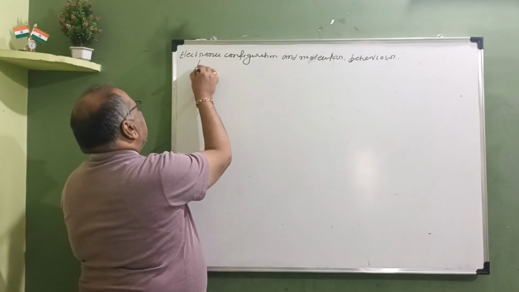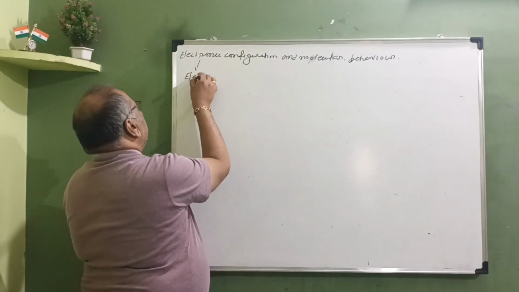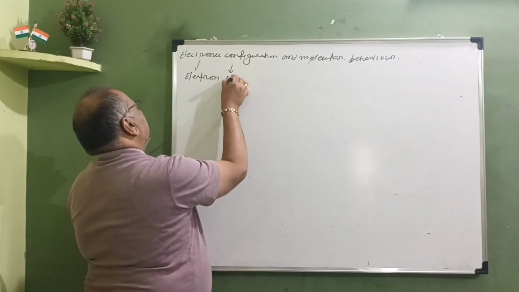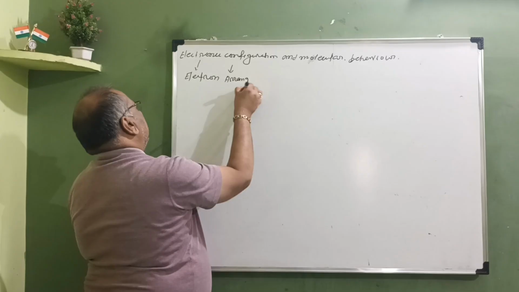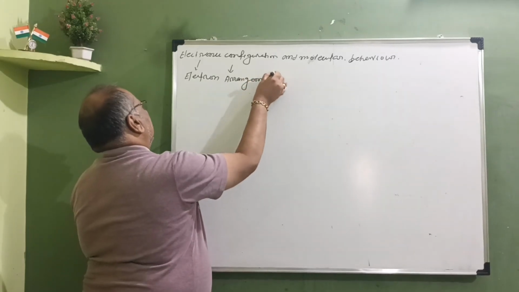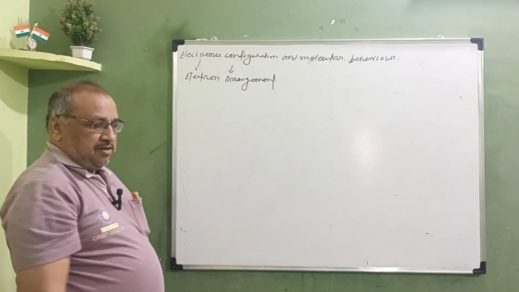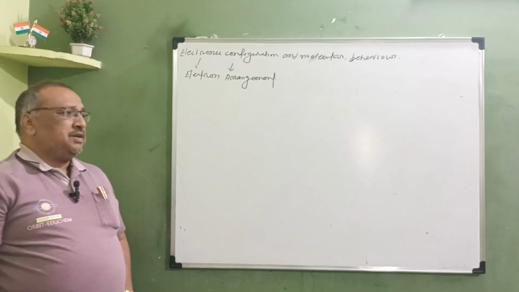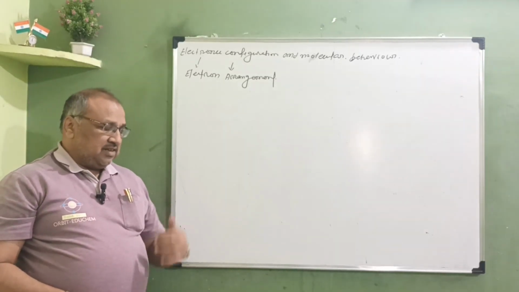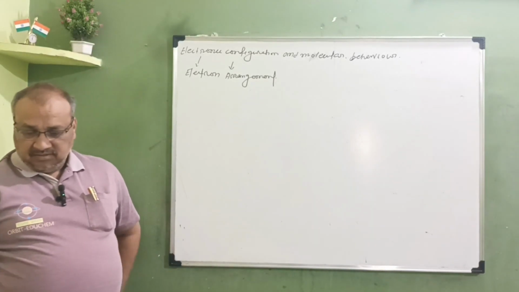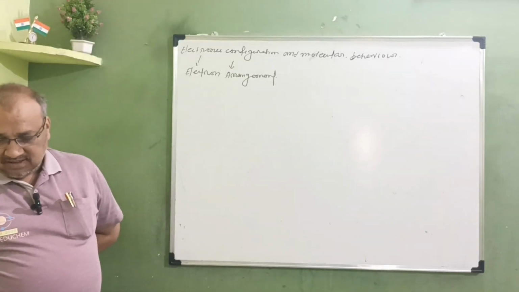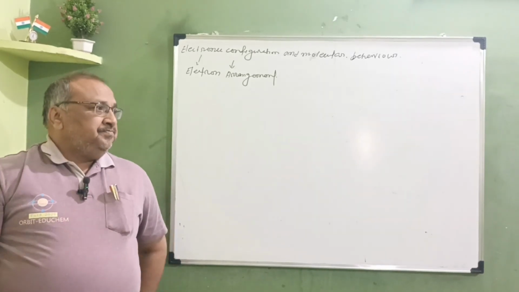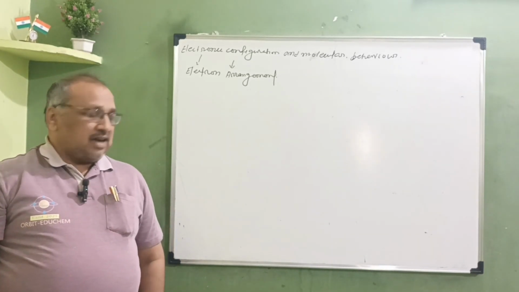Electronic means electron and configuration means arrangement. That means the arrangement of electrons in the various molecular orbitals in the increasing order of their energy is called electronic configuration.